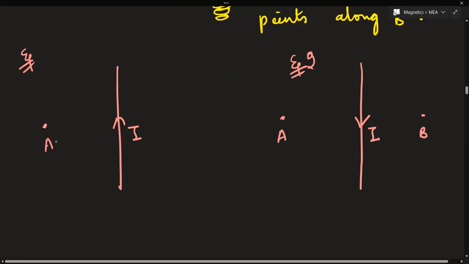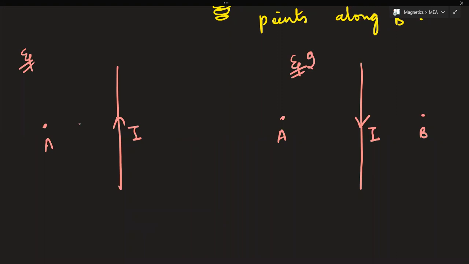This is point A. All of you who have confusion, and who have done it as well, place your thumb in front of the screen. Direction of current is where? Direction of current is upwards. So in front of the current, place your thumb parallel in front of the screen, the way you give a thumbs up.